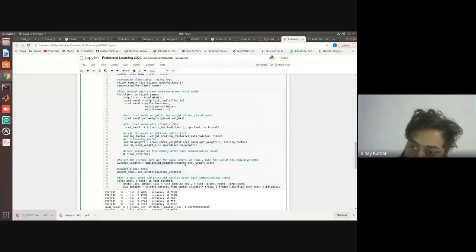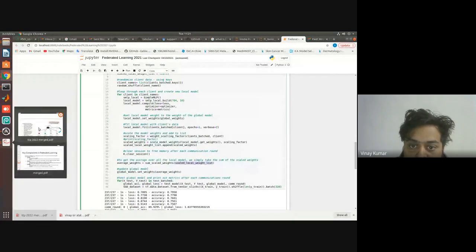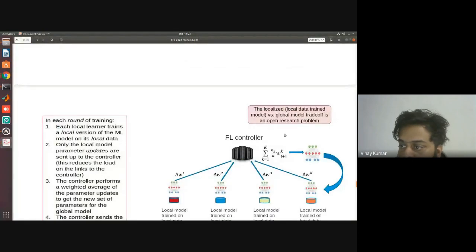After that, we are averaging using the sum of the scaled weights. As this is tracking all the weights of the particular clients, we are just adding them, summing them.